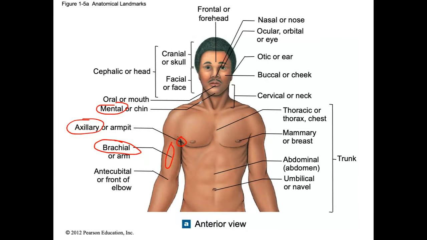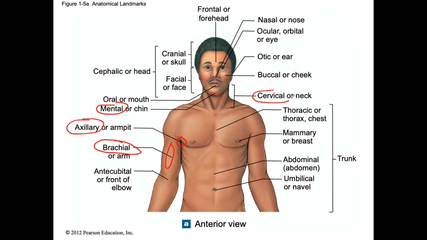Mental means chin. When we cover osteology, there's going to be two little holes right here called mental foramen. The term foramen means hole. So when you know mental is chin, the mental foramen is down here. Everywhere there's a hole in the skull, there are arteries, veins, and nerves that pass through those holes.